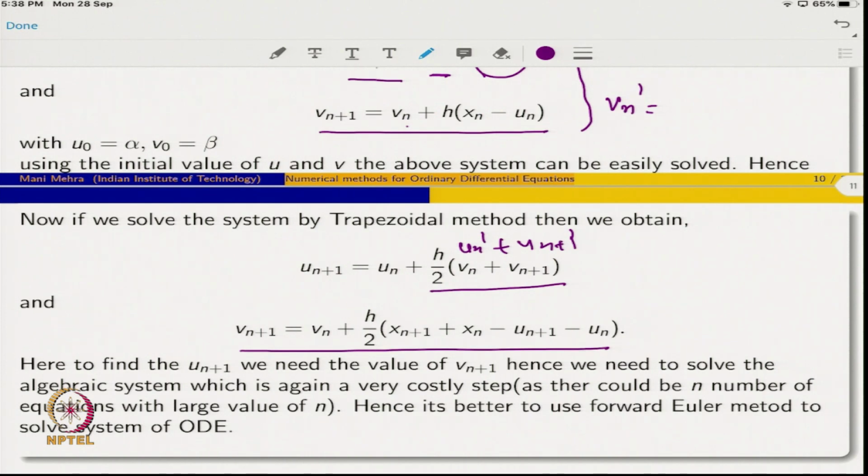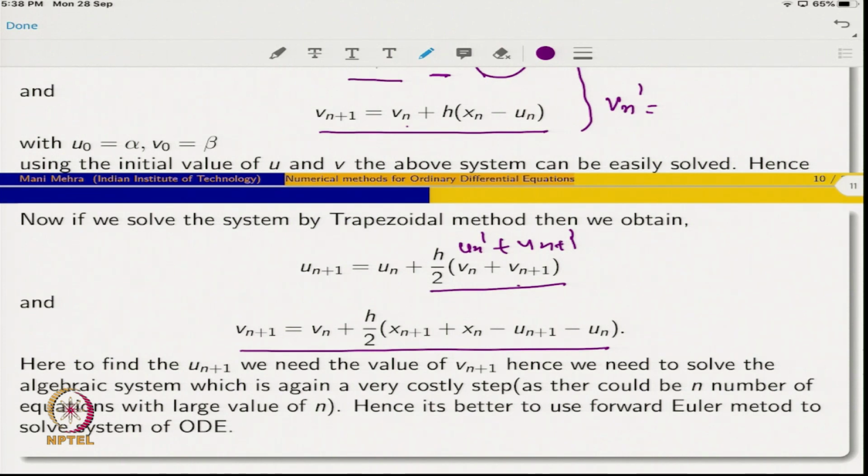So, here to find the value of un plus 1, we need the value of Vn plus 1, that is what you can see from here. Hence, we have to solve the algebraic system, which is again a very costly step, as there could be n number of equations with large value of n.